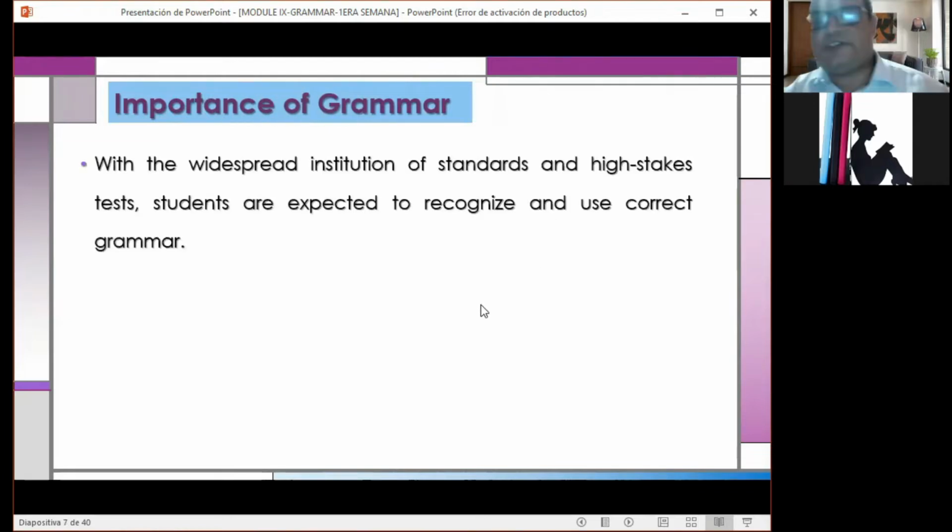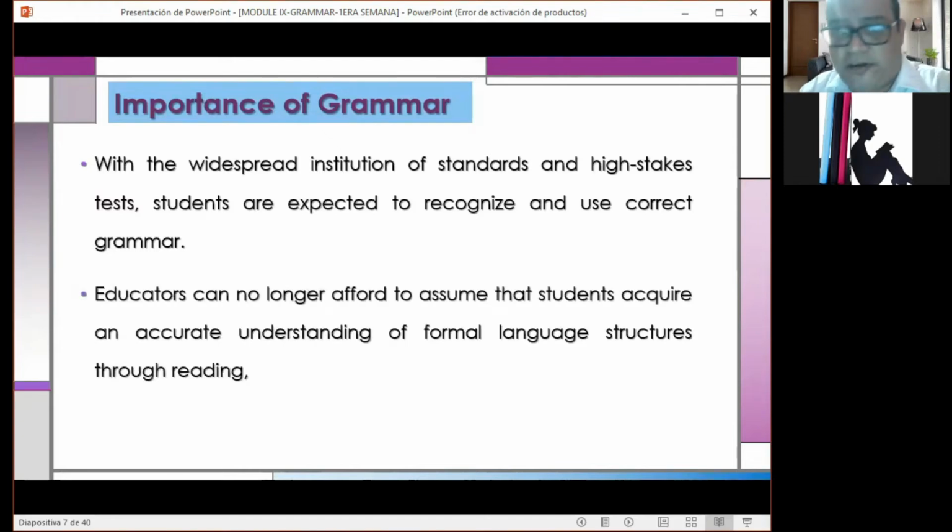With a widespread institution of standards. Oh, Elia wrote something here. Sorry, accuracy refers to how correct learners use the language system. How correct? Yes, this is accuracy. That's right, Elia. So with a widespread institution of standards and high-stakes tests, students are expected to recognize and use correct grammar.